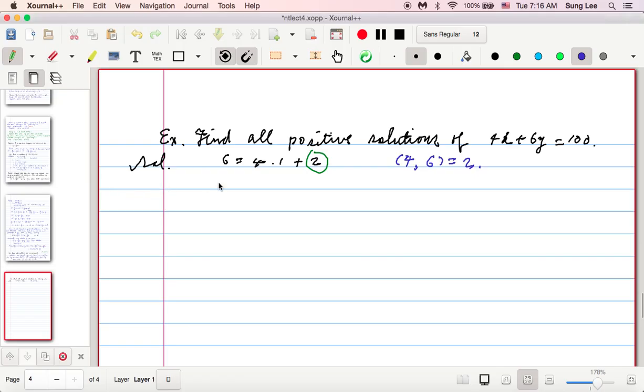Since the greatest common divisor 2 divides 100, a solution of 4x plus 6y equals 100 exists.